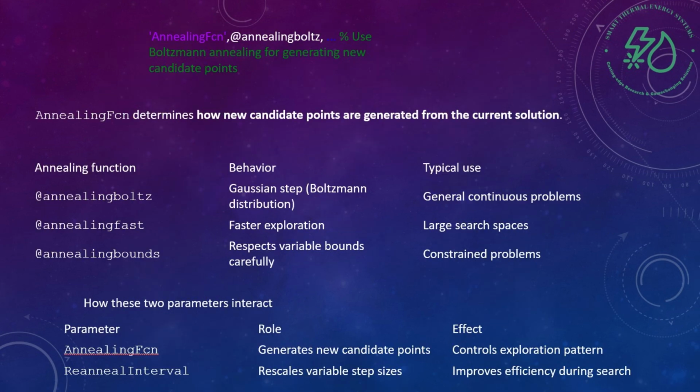The other option is the annealing function. For the annealing function, we have three options: annealingboltz, annealingfast, annealingbounds. We can see in the table the behavior and the typical use. For annealingboltz, we have Gaussian step, Boltzmann distribution for the faster exploration, and for the bounds, the behavior is that it respects variable bounds carefully.